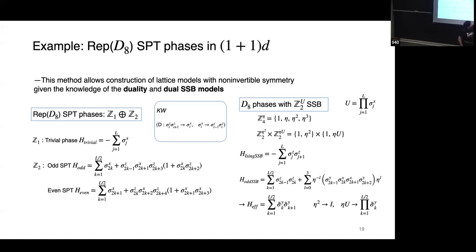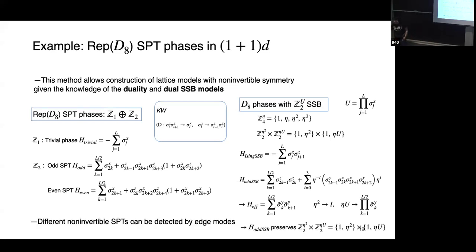Then the second term reduces to the interaction of sigma y, and the symmetry operators reduce to the identity and the product of sigma y's. Therefore, these Hamiltonians preserve the Z2 times Z2 symmetries. By doing the Kramers-Wannier, you will get the respective SPT models.